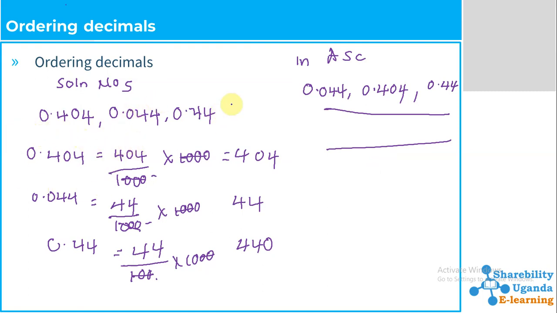Then you look out for the LCM, the lowest common multiple, which can divide or multiply these. So here we are able to choose our 1,000. Our 1,000 we are able to multiply by all of them, then we get the values. So that is how we can come up with the best answer.